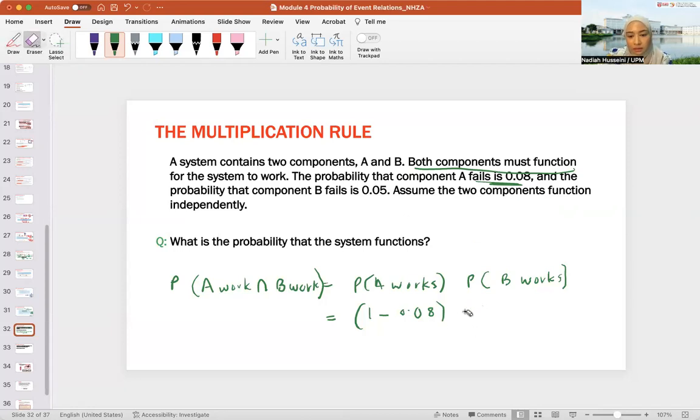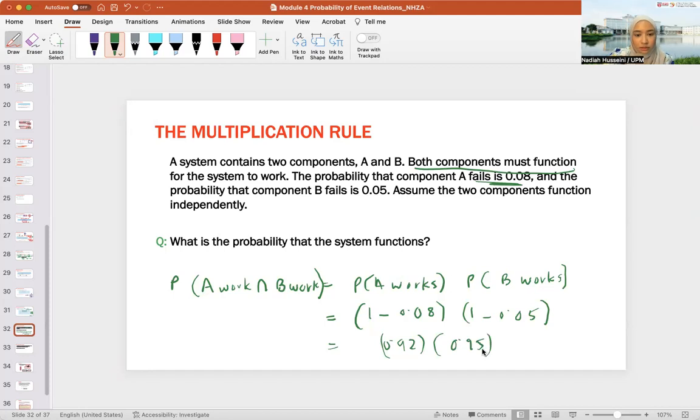It's 1 minus 0.05. So this is how you find out the probability. So the probability that the system functions is 1 minus 0.08, that is your 0.92, times 1 minus 0.05, okay, 0.95.